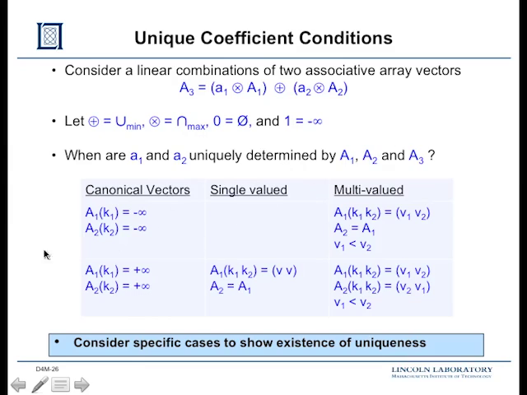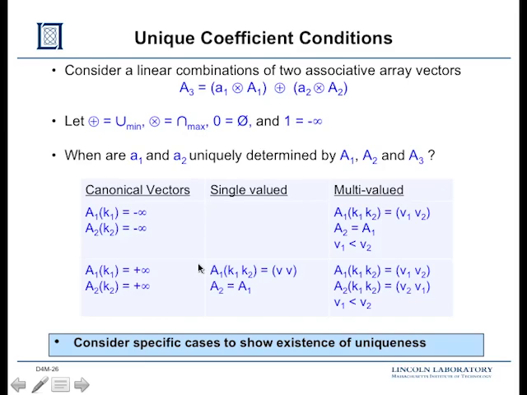If I pick our canonical identity vectors, which is infinity and minus infinity here, then we can cover the space very nicely. If we do it the other way, we can't.